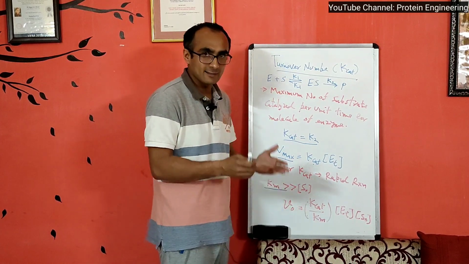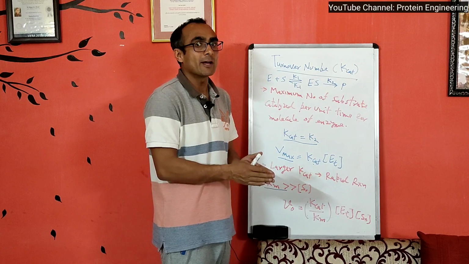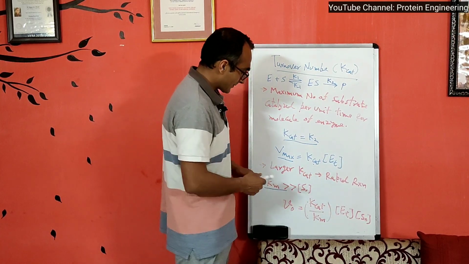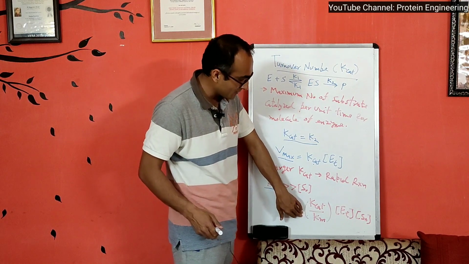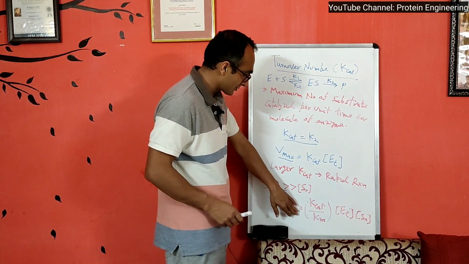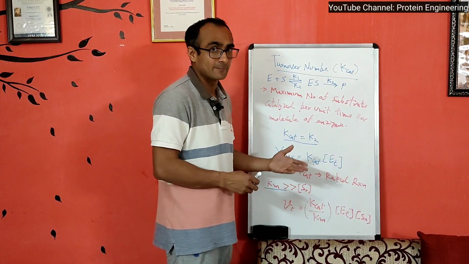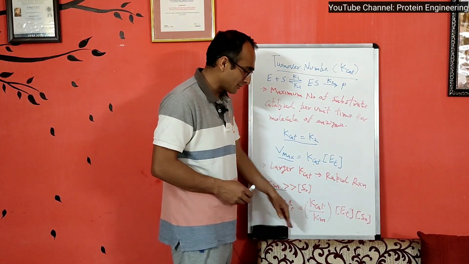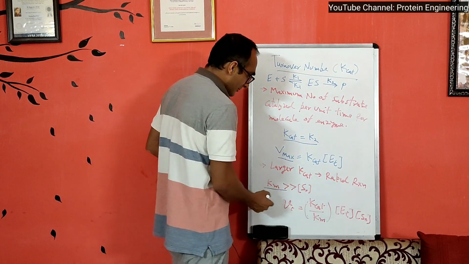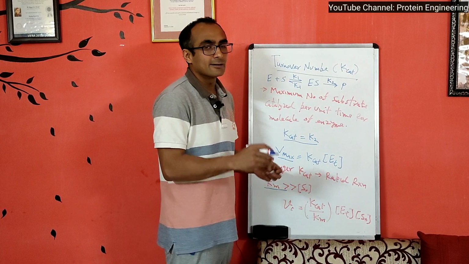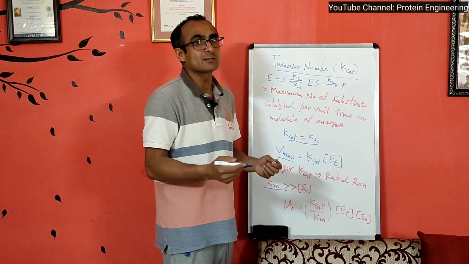You require lesser substrate concentration to have a rapid rate of the reaction, and a high kcat by Km also shows that if it is equal to the diffusion rate, not diffusion constant, which is around 10^8 to 10^9 per mole per second, it means the reaction is occurring at the level of diffusion of molecules in solution.